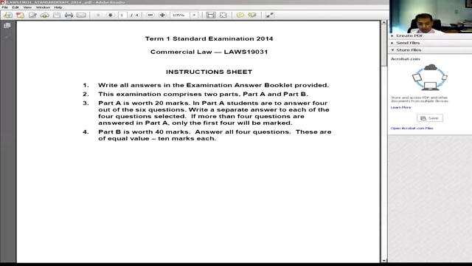All right, so the first question. This is a question of agency. It involves 2 human beings, and the issue is whether the agent is acting within the scope of his authority.